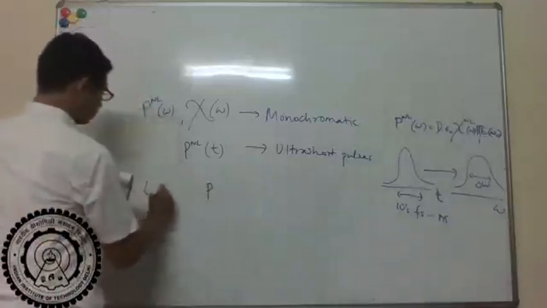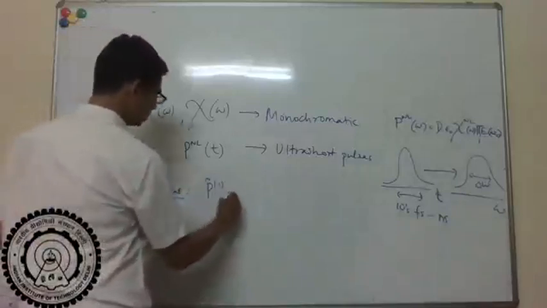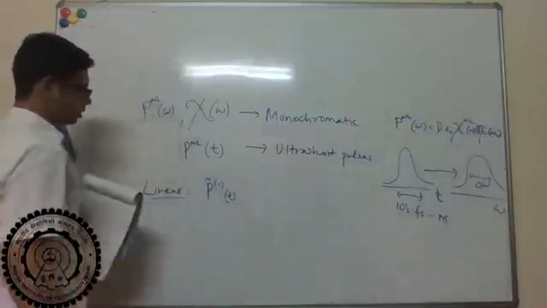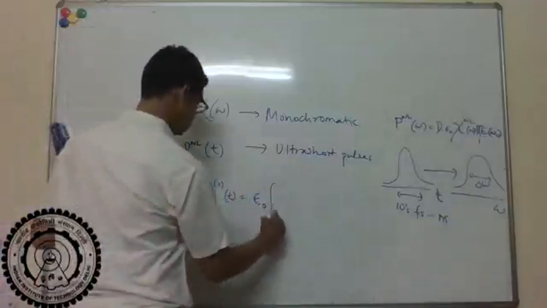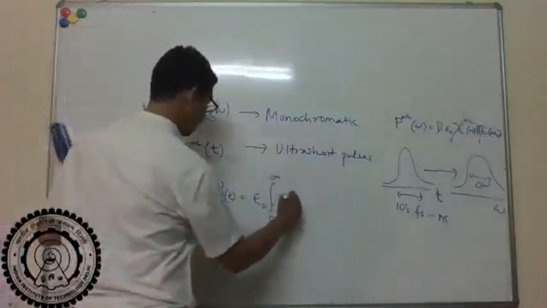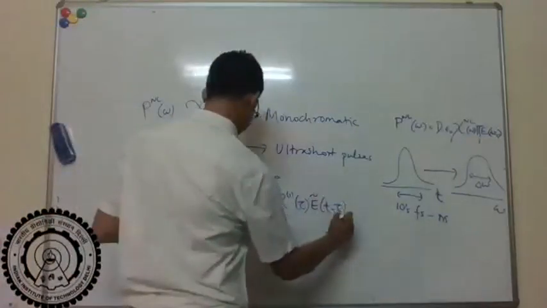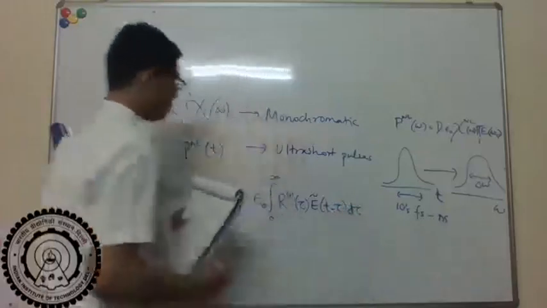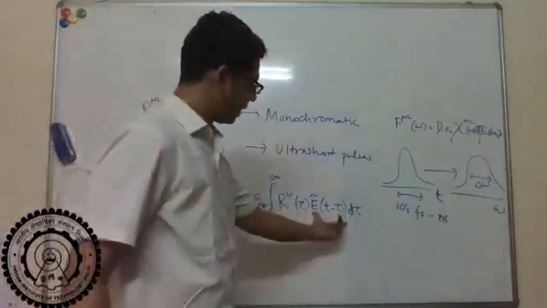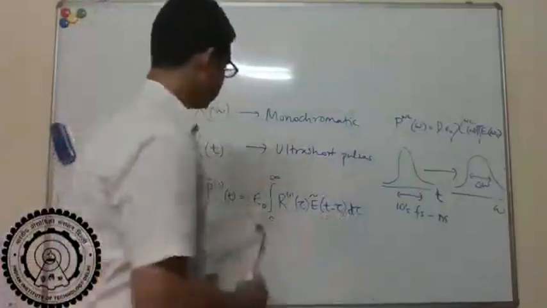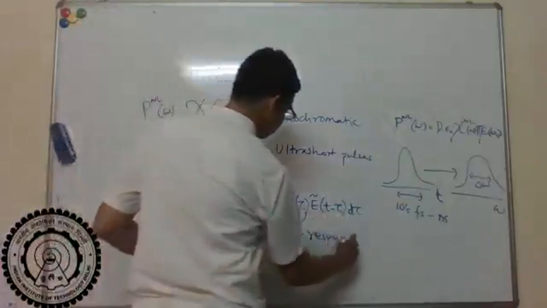Let's look at, for example, the linear response, the first order polarization. I could write it as a convolution of my applied electric field with some response function. This R of tau is the response function of the material.